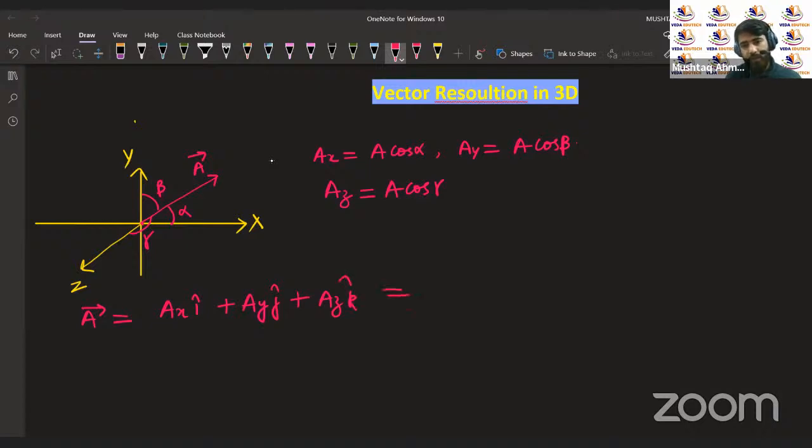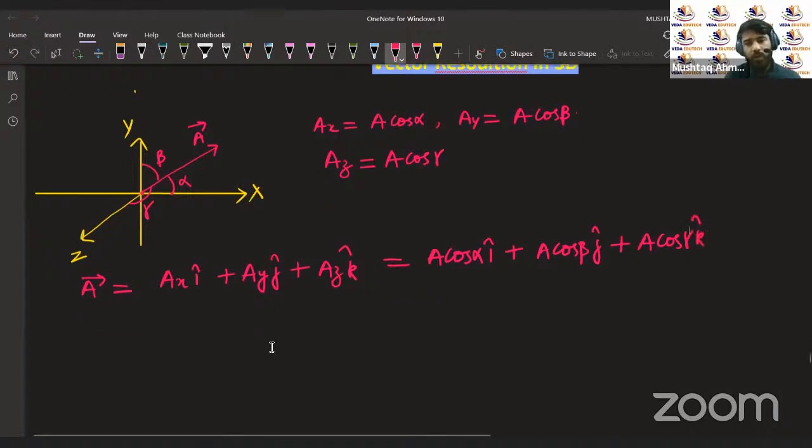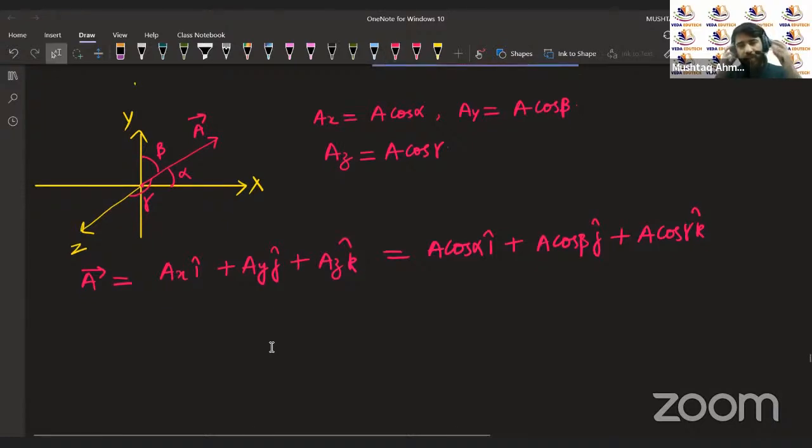So it's a cos alpha i cap plus a cos beta j cap plus a cos gamma k cap. This is how we represent a vector in 3 dimensions in the rectangular form. So these are the 3 components of a vector A.